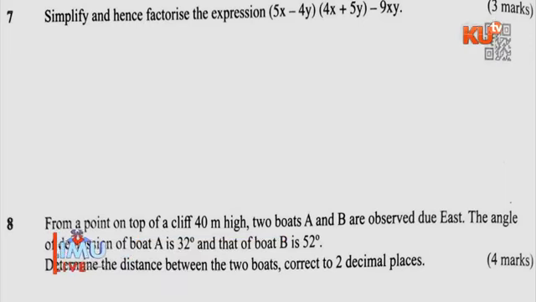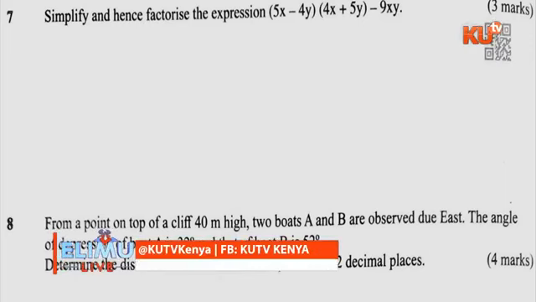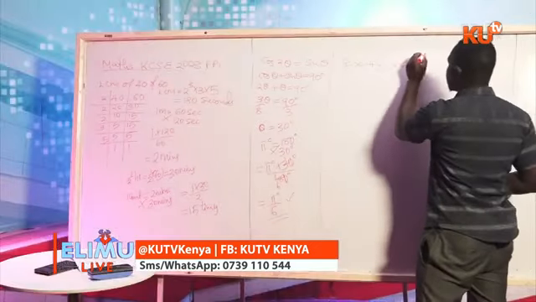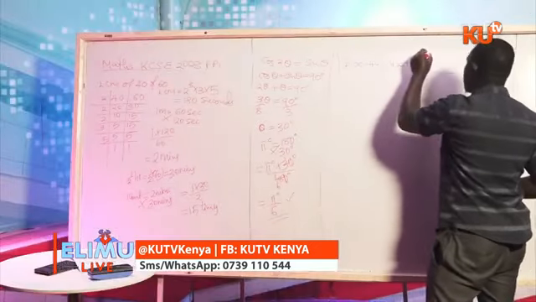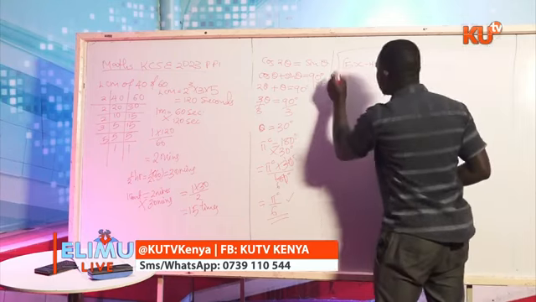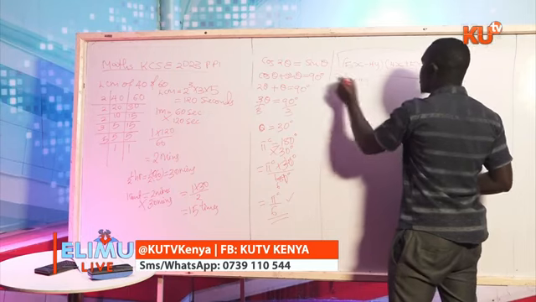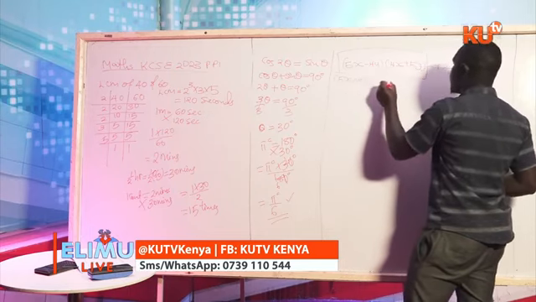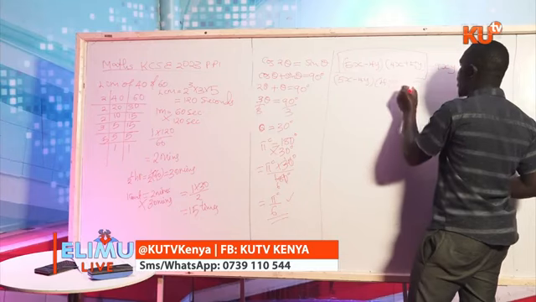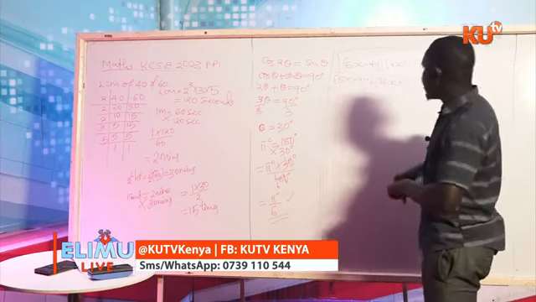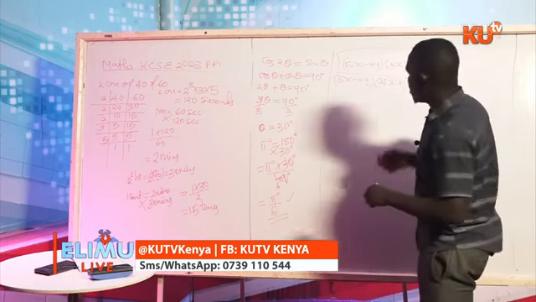Factorize. So first of all, let's start by simplifying. Now, which part am I going to work out first? This part here. So that is 5x minus 4y into 4x plus 5y. How do you work it out, dear students? Here you have to expand.